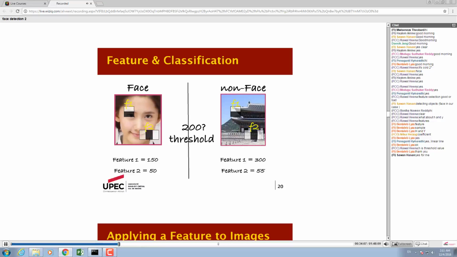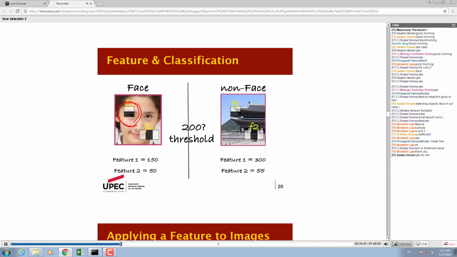So this page is explaining, not the full process, but the concept of threshold in this case. It is actually very straightforward. For example, let's consider F1. This is a Haar-like feature. If you look at the left side, over this face image, the girl's face image, I just displayed two sample features, F1 and F2.